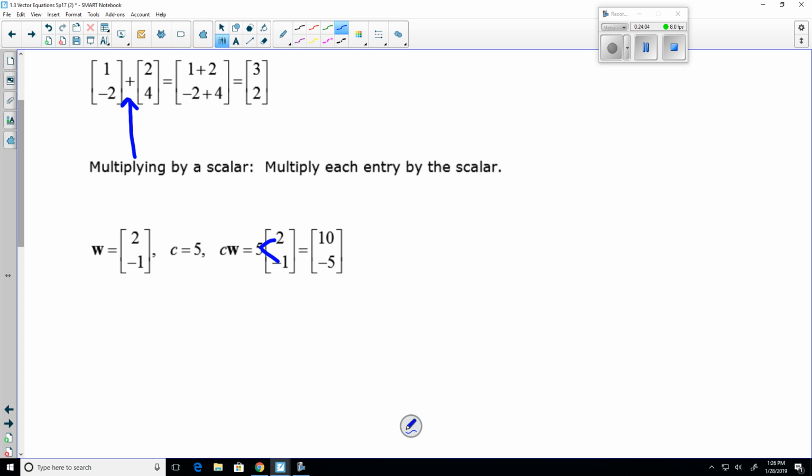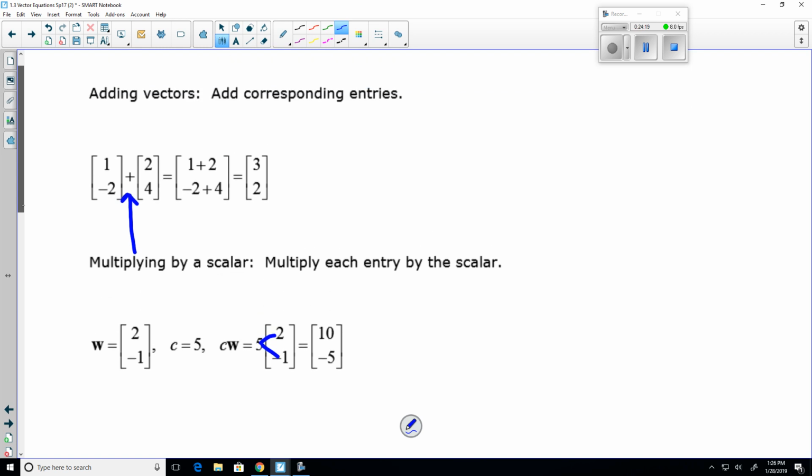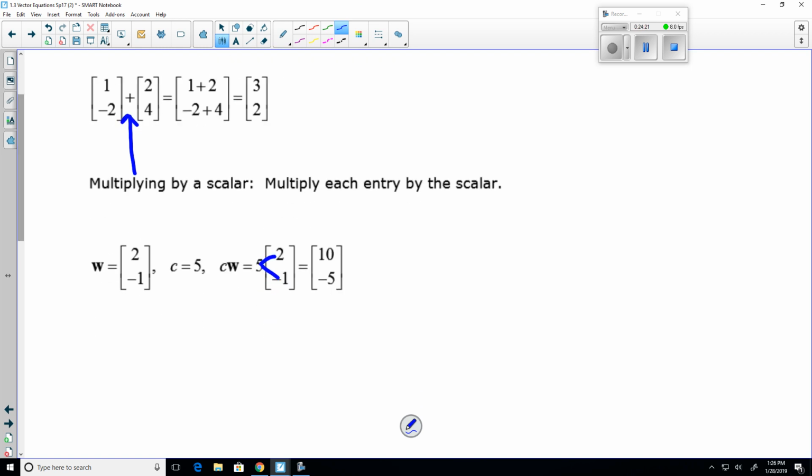If you have other coordinate systems, you'd have to have a whole other system for doing your operations. So the vectors here are XY coordinate system vectors, and you can change them to magnitude and angle, but the operations don't work the same. Does that make sense? Yes, sir. Okay.